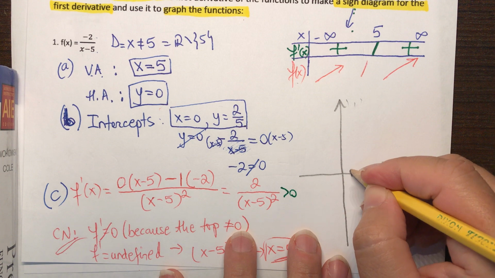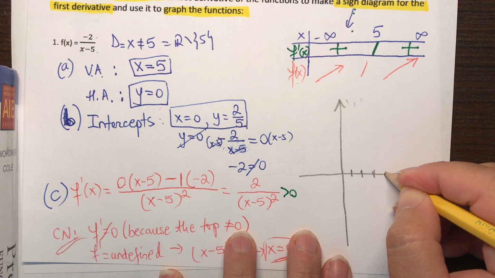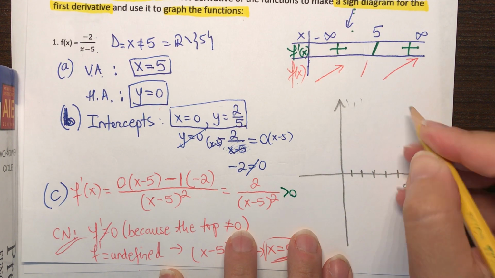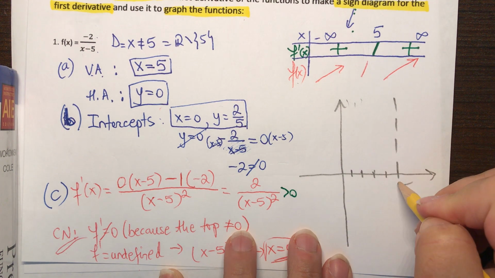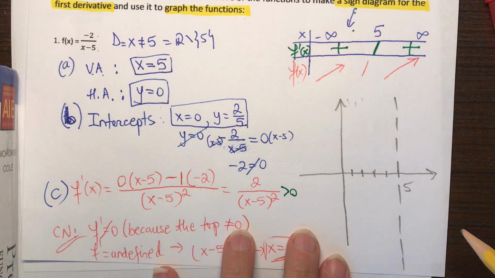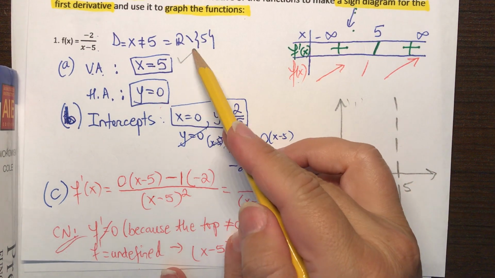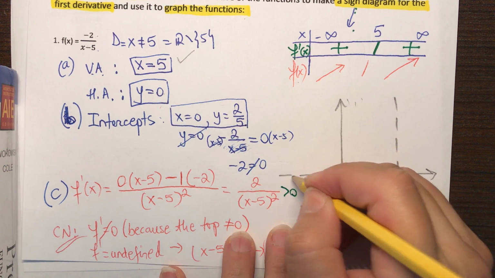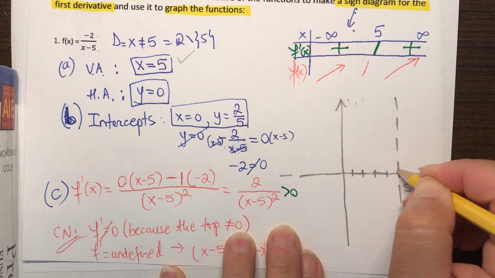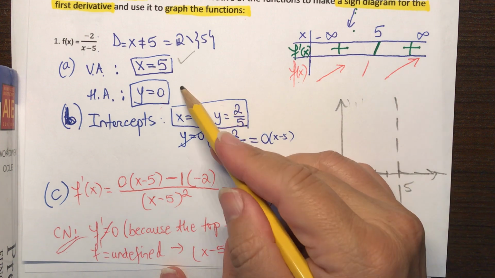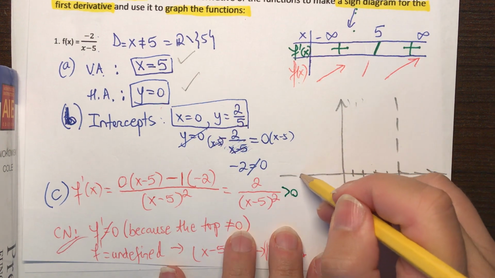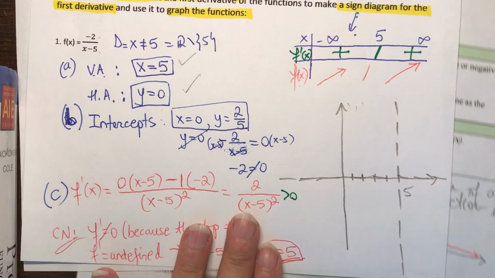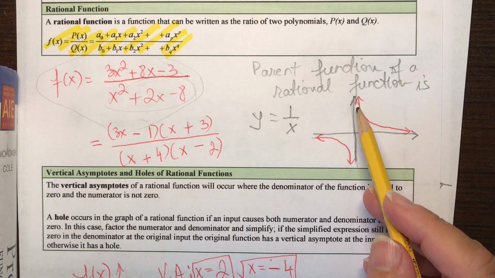I know that x equals 5. At x equals 5, I have a vertical asymptote, yes? Right here. I know that y equals 0 is a horizontal asymptote. So the graph is going to go just the same as what? Just the same as the 1 over x function.